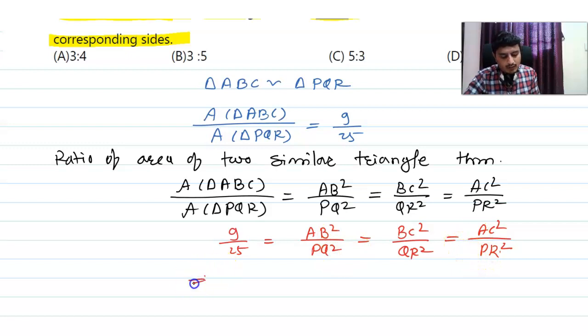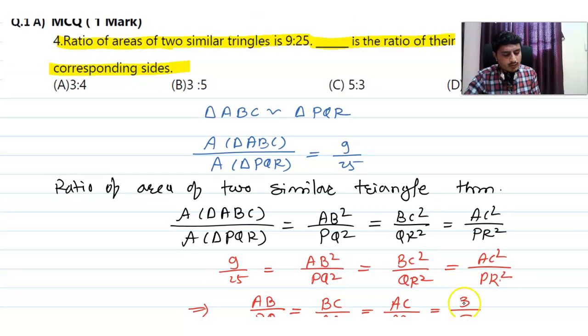So after taking the square root on both sides, we get AB divided by PQ equals BC divided by QR equals AC divided by PR, which equals square root of 9, which is 3, over square root of 25, which is 5. So corresponding sides are in the ratio 3 by 5, meaning 3 is to 5. Look at the choice code, the correct choice code is B, that is 3 is to 5.